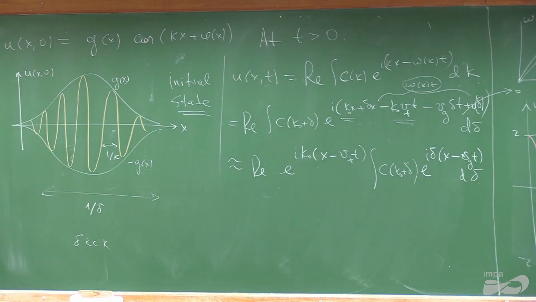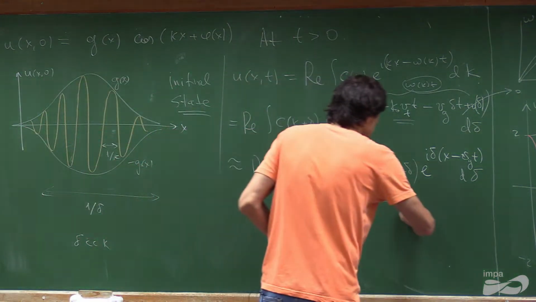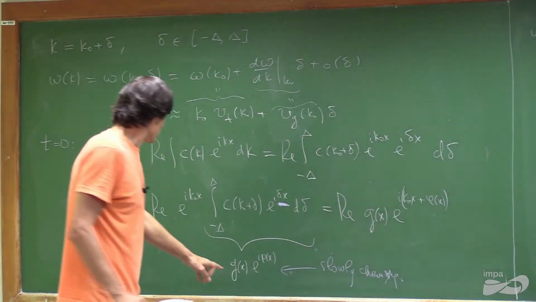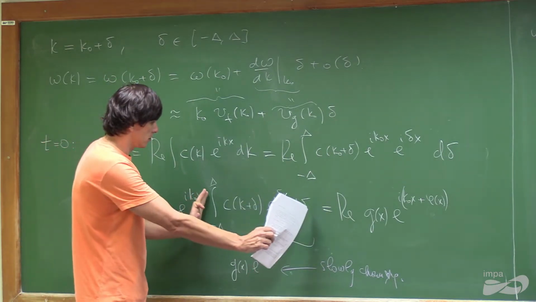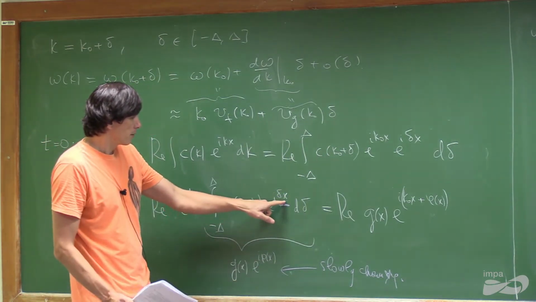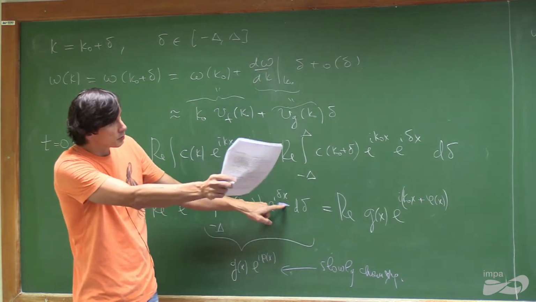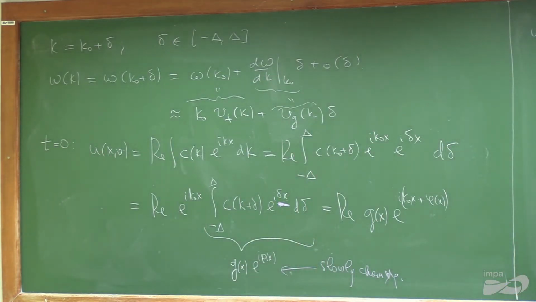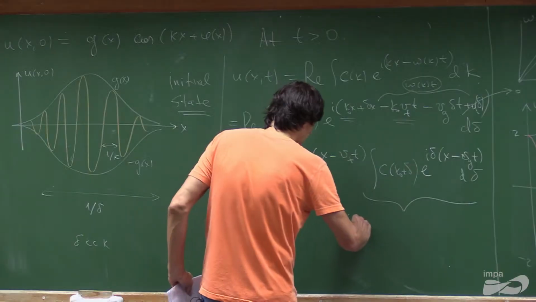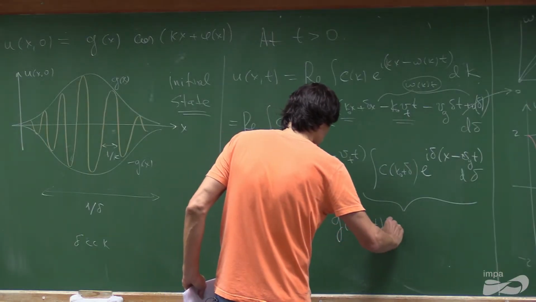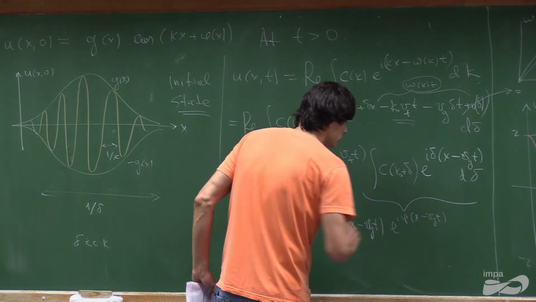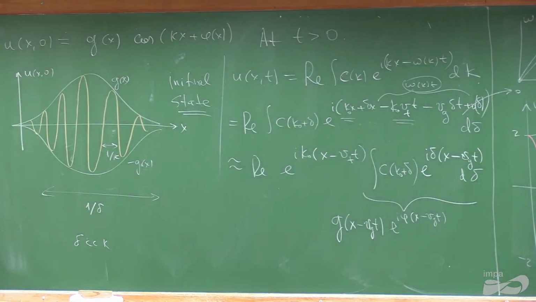Okay. And this, we know what it is, because remember that we defined g of x, exponent minus i phi of x, as this expression. The only difference between this expression and the one we have there is that instead of x, there is x minus vg t. So this is by definition j of x minus vg t, exponent i phi of x minus vg t. Just the same integral, but substituting x by x minus vg t.